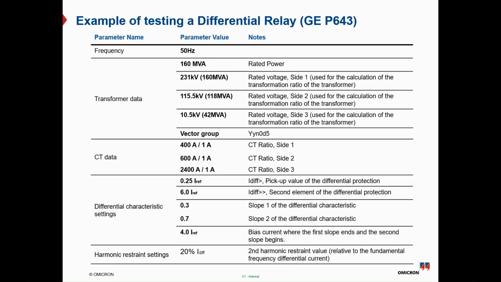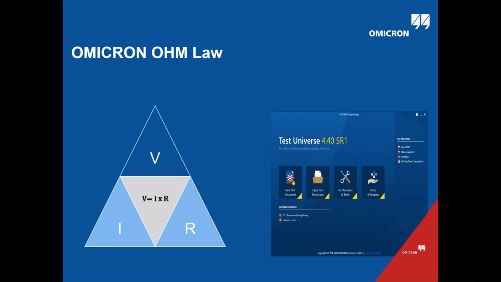And we have the CT ratios, and we have the differential characteristic settings: IDIF minimum, IDIF double greater, slope 1, slope 2, and the intersection point between slope 1 and slope 2, and last but not least, the harmonic restraint setting. So let us follow our Omicron Ohm's law.